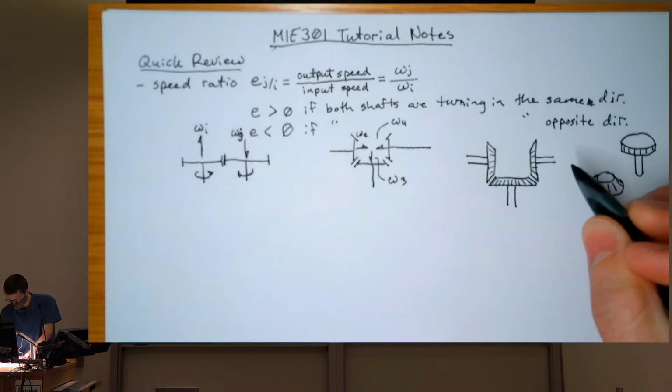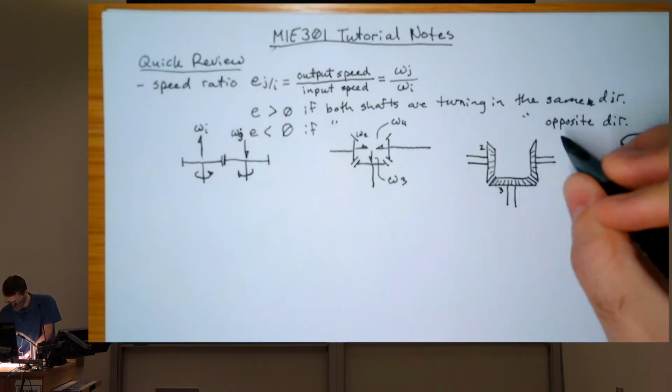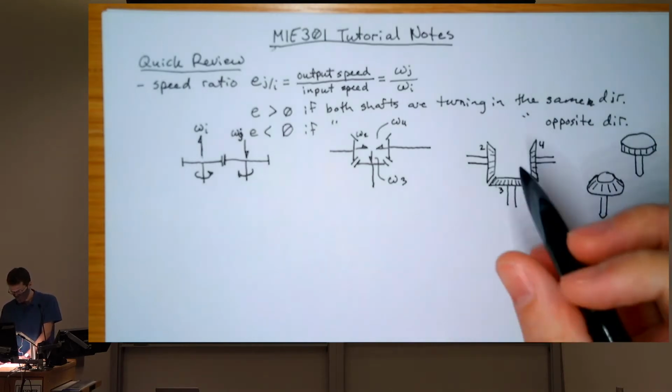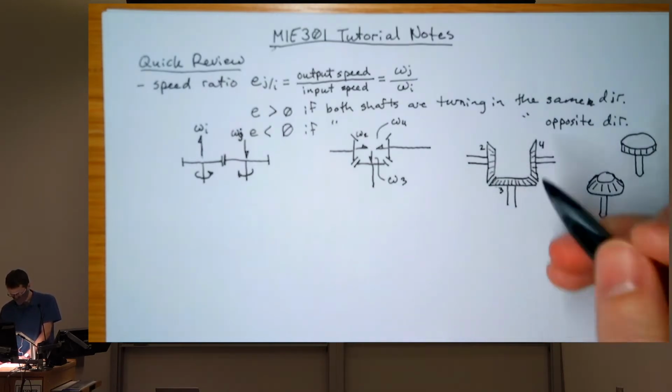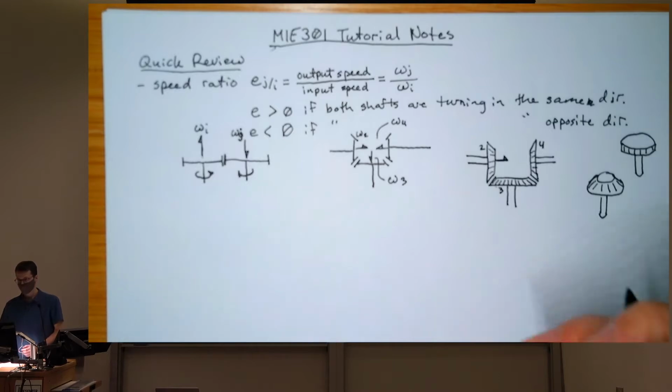So here we have 3 gears. This is gear 2, this is gear 3, this is gear 4, each of them mounted on their own shafts. And if gear 2 is rotating this way, and I'm using vectors to represent rotations, we use the right-hand rule.